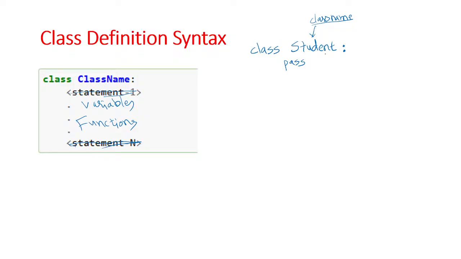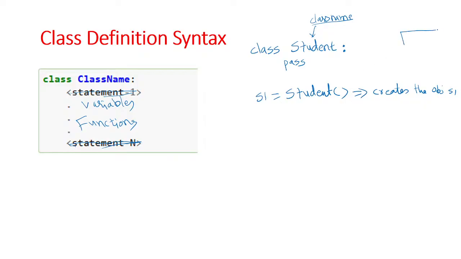Once we create the class, now we can define objects for this class. So now I can say s1 equals student followed by parentheses. This creates the object. So what is the object here? s1 is called an object.